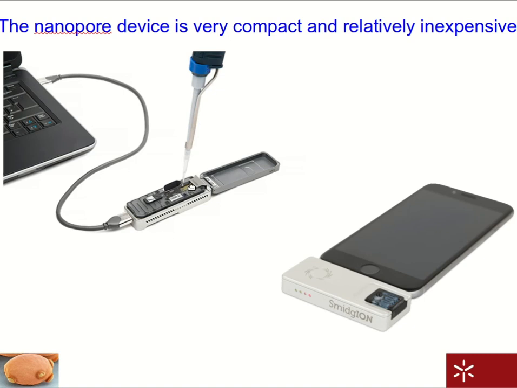The preparation of the DNA is very much simpler than for any of the other methods, and it's also less expensive. You can buy this kind of device for about €1,000 or so, and it can sequence up to 30 gigabases of data. So the total cost of the sequencing is quite low.